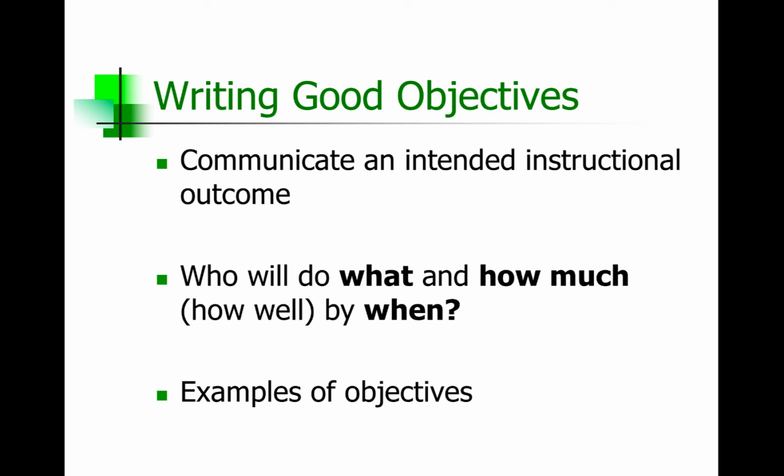Or if it's a psychomotor goal, the patient will be able to perform a straight leg raise 100% correctly by the end of your exercise program. Or if it's an affective goal, maybe the patient will understand the importance of performing these exercises to prevent further injury by the next treatment session. So you've got to be specific about who will do what, how much, and when.